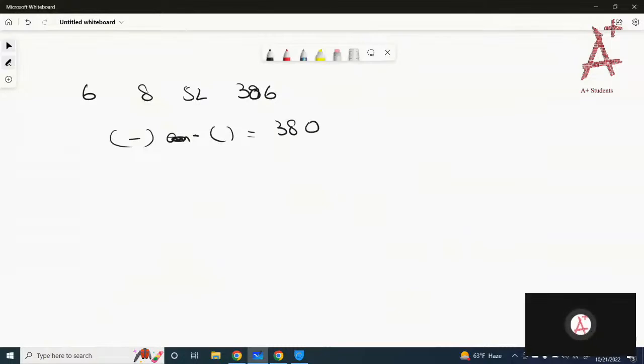The options you are given are 386 and 8, and 386 and 6.